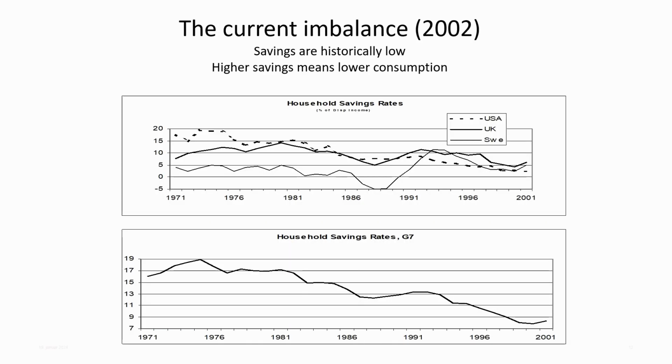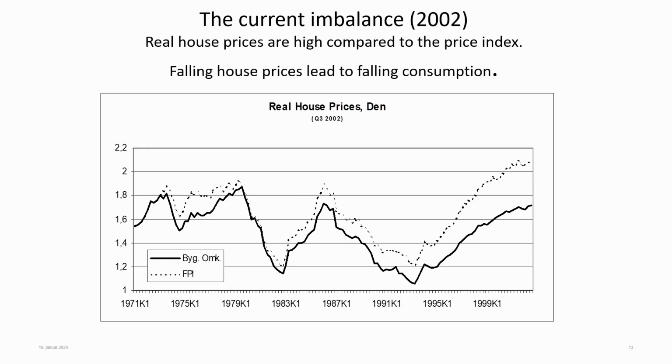We then started discussing whether such a crisis was possible, and we had experts telling us that there were very large imbalances in society. For instance, here savings were historically low, and real house prices were high compared with price indices. There were therefore a number of indicators that indicated that an economical crisis was likely to appear.